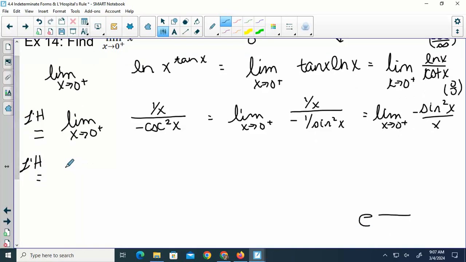Okay, so sine squared, exponent comes down, inside stays the same, subtract 1 from the power, times derivative of the inside, derivative of sine is cosine. Oops, I did not write my limit, shame on me. Over, derivative of x is just 1.